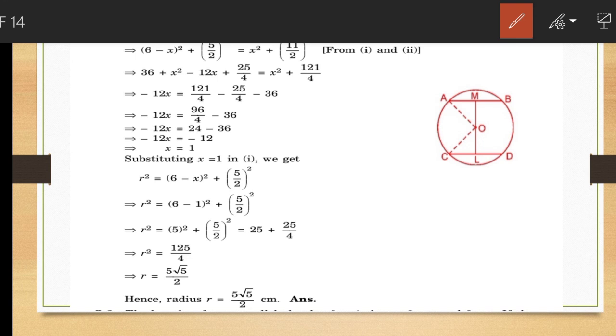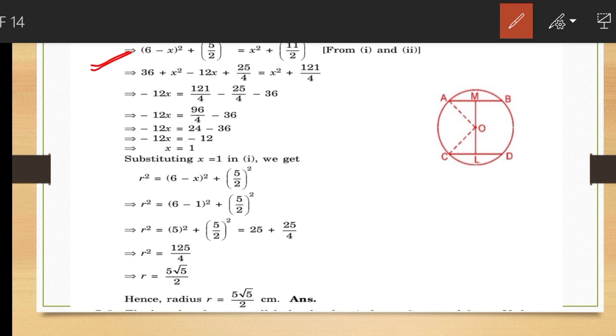Since both the triangles have R square as their hypotenuse, we are equating them together and we will get the equation like this. Now, the first term (6 minus x) whole square can be split with the help of the identity (a minus b) whole square, so we can write 36 plus x square minus 12x, and 5 by 2 is a single number, so (5 by 2) whole square is 25 by 4.